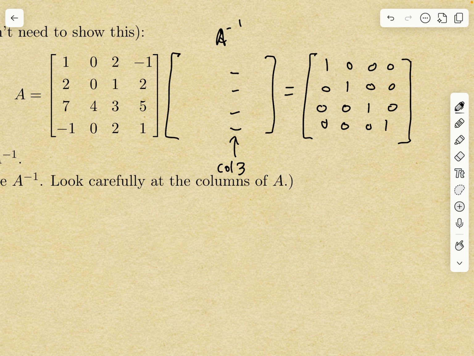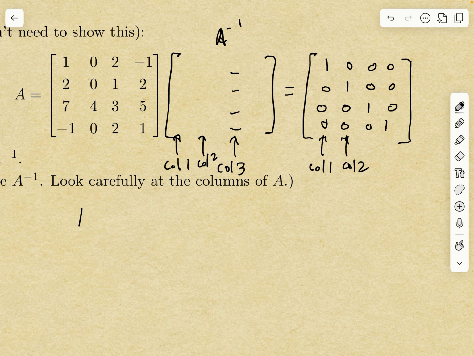So if you take A and multiply by column 1 of A inverse, you're going to get column 1 of the product. And similarly, if you take column 2 of A inverse and do A times that column, you're going to get the second column of the identity matrix.